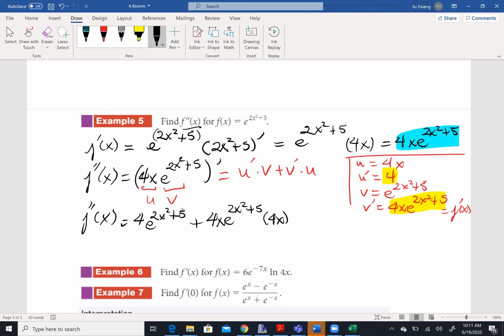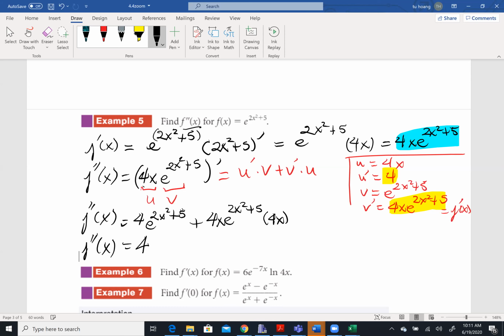In order to factor more, I factor this one. I would like to factor the greatest common factor out of these terms.